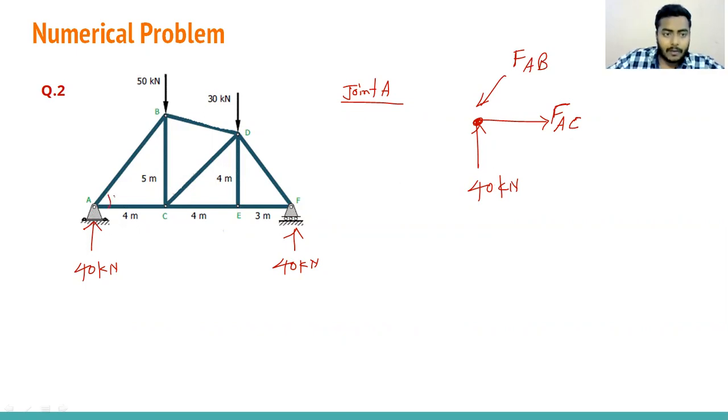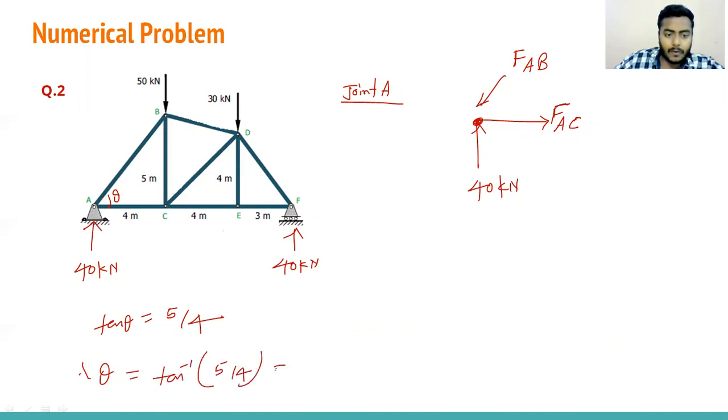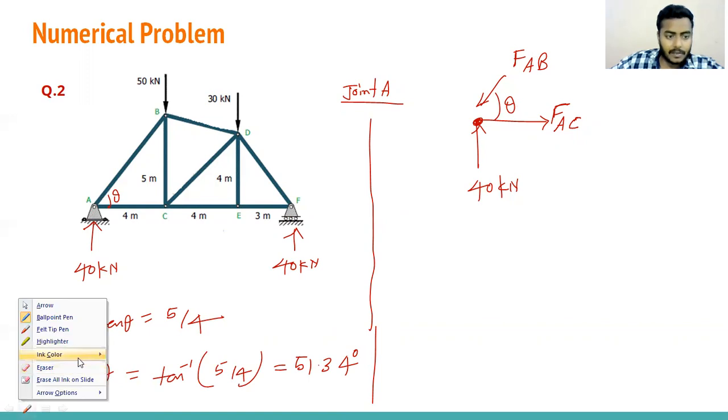Angle, this angle we can calculate. So tan theta will be 5 by 4. So from here theta we can get tan inverse 5 by 4, and I am getting here 51.34 degrees. So this is theta. We can break this FAB component in horizontal and vertical direction.